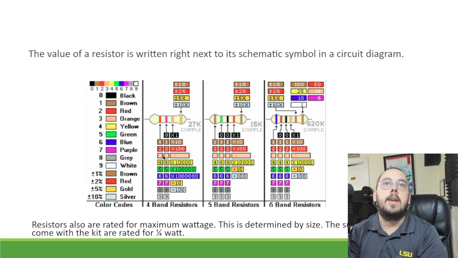So 3 zeros. So 27 times 1,000, 27,000. 15K here. So we get first band is 1, second band is 5, third band is black. So 15 times 1,000 is 15,000.